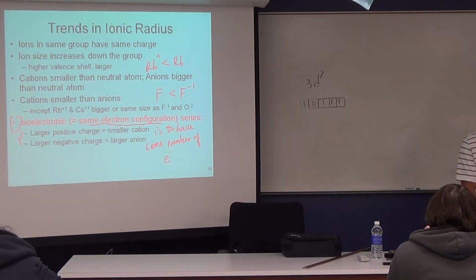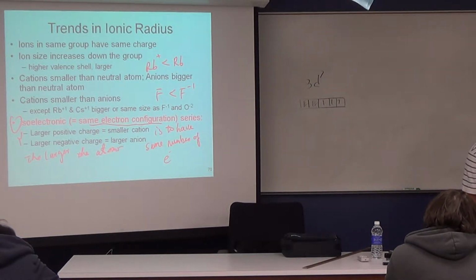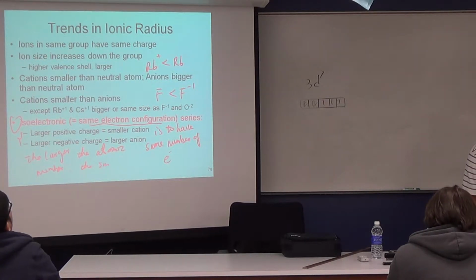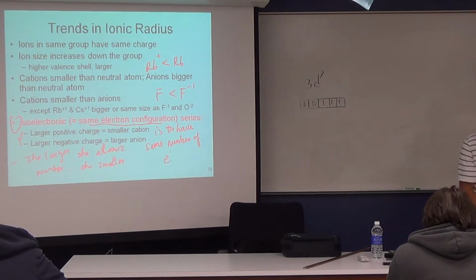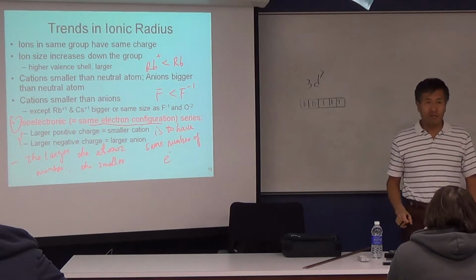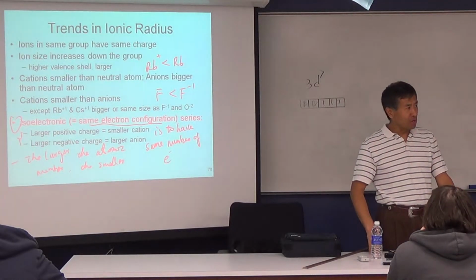You can also summarize these two statements into one statement: the larger the atomic number, the smaller the ion. Depending on what you like, you can compare the larger positive charge and larger negative charge.